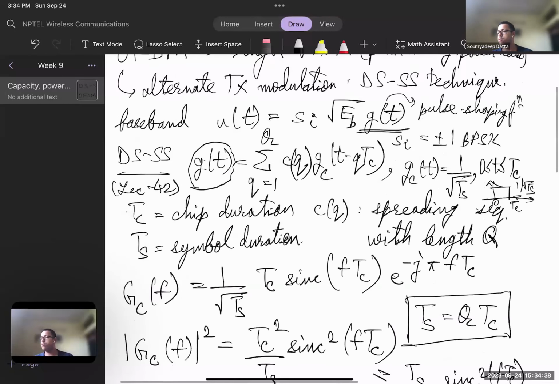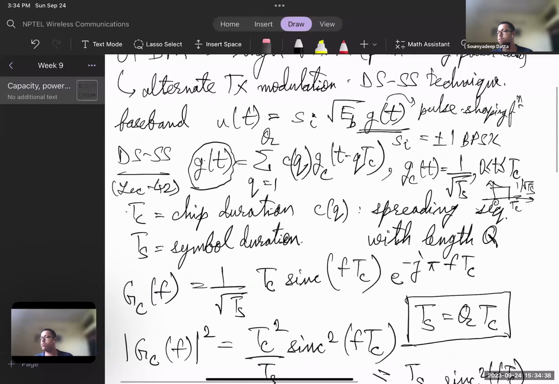It is a rectangular function of the size of the symbol duration, right? So if we are not doing all these spreading techniques, then what we do is we take a rectangular filter from 0 to Ts, and magnitude is 1, let's say.